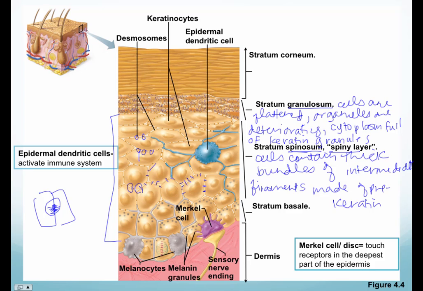In a microscope, or a cross-section of this, if I were to ask you to identify the layer in a multiple choice question, here are all those granules full of keratin.